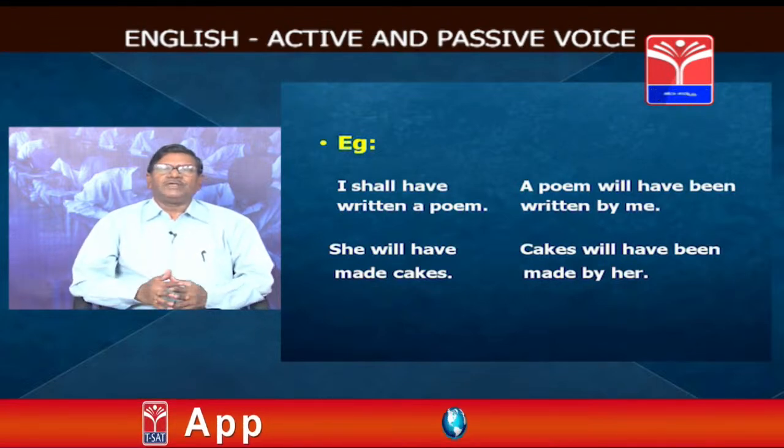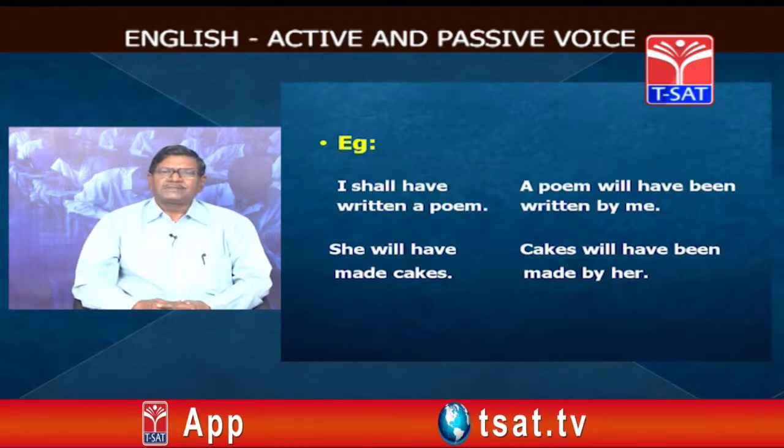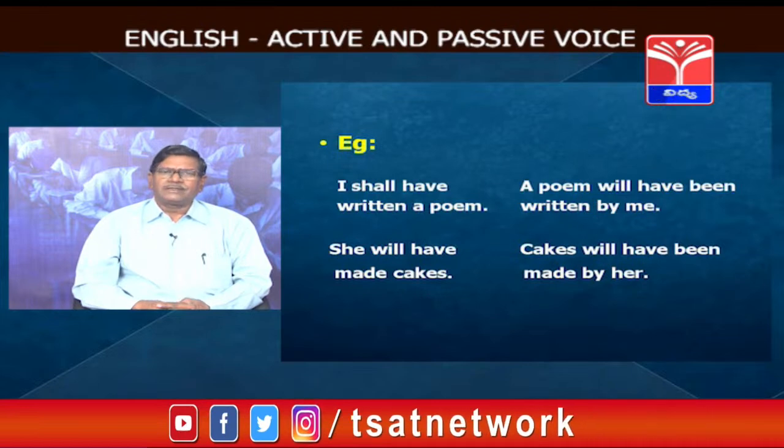Use of active voice and passive voice. When do we use active voice and when do we use passive voice? If we want to talk about the agent or doer, we use the active voice.